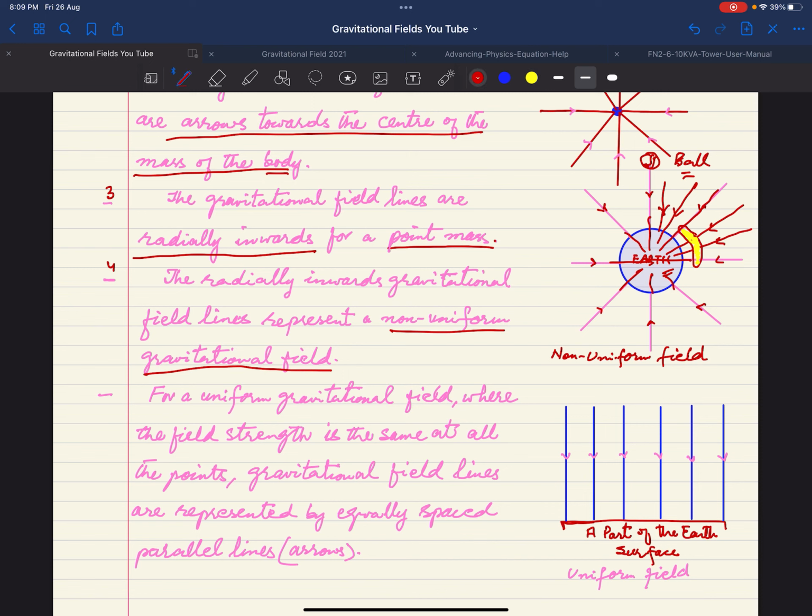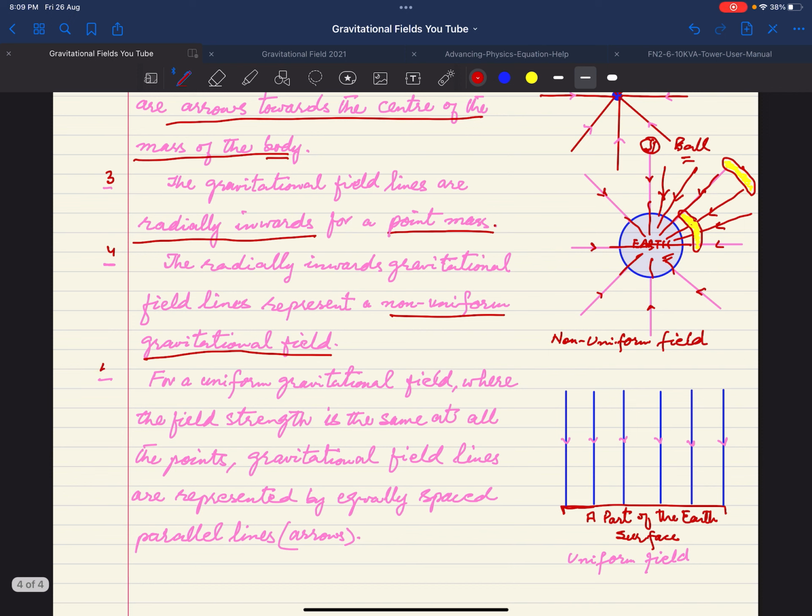If you have the same body somewhere here, then only 2 or 3 lines are passing. So the number of lines passing through a body is not the same, and this type of situation shows that we are dealing with a non-uniform gravitational field. This is very, very important.